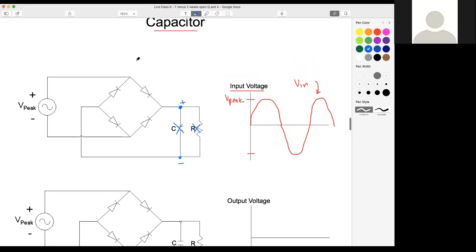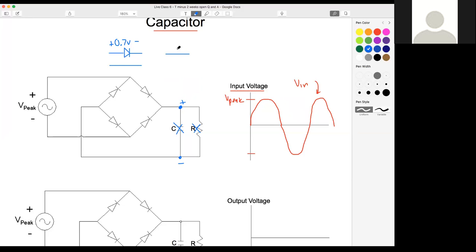Diodes, for those of you that are unfamiliar, the best way to think about an ideal diode is that it's going to act like a switch. It's either going to be open or closed. If you have at least about 0.7 volts, I believe, positive to negative across this diode, it's going to act like a closed switch.